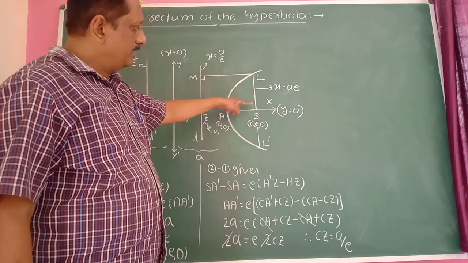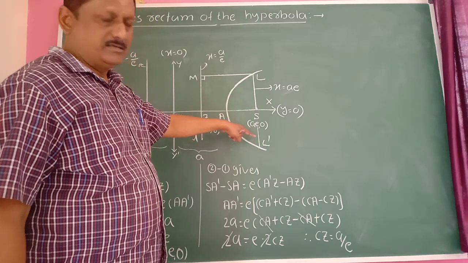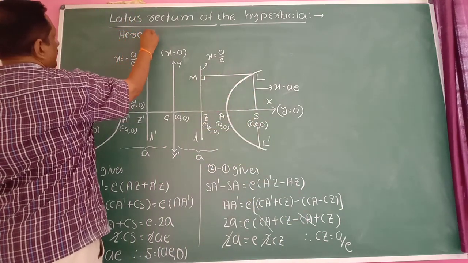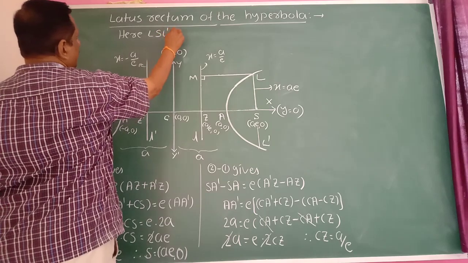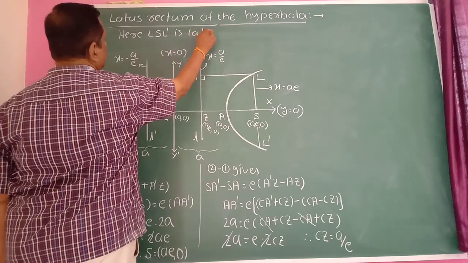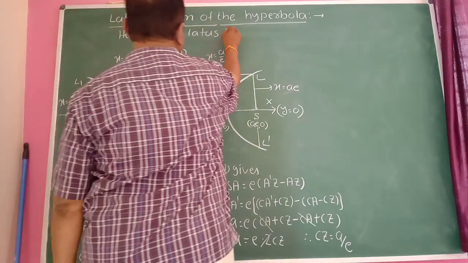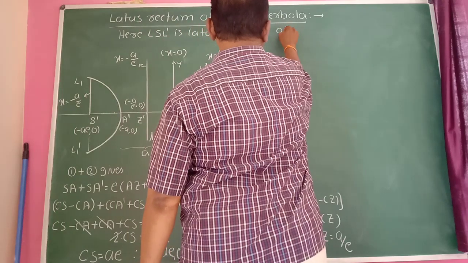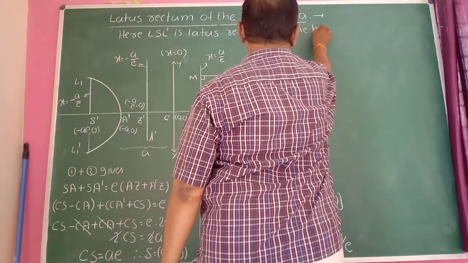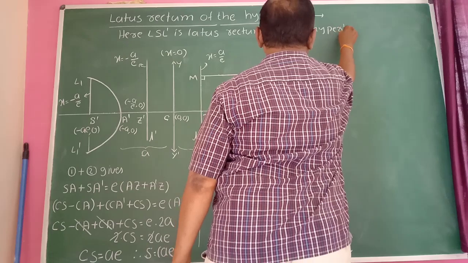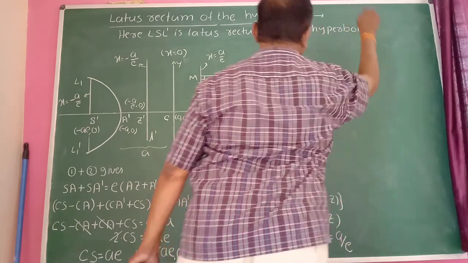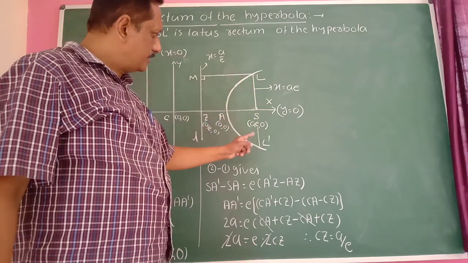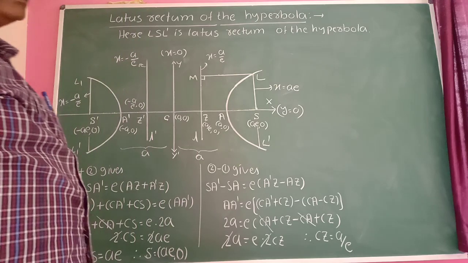L S L dash is the latus rectum of the hyperbola. This is the line passing through the focus S and cutting the curve at L and L dash. It is the latus rectum.